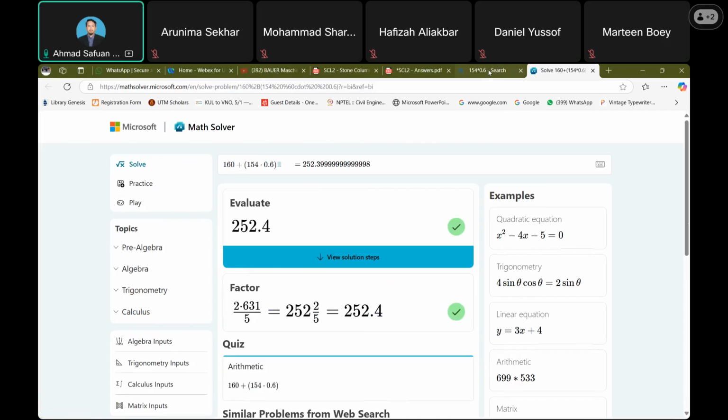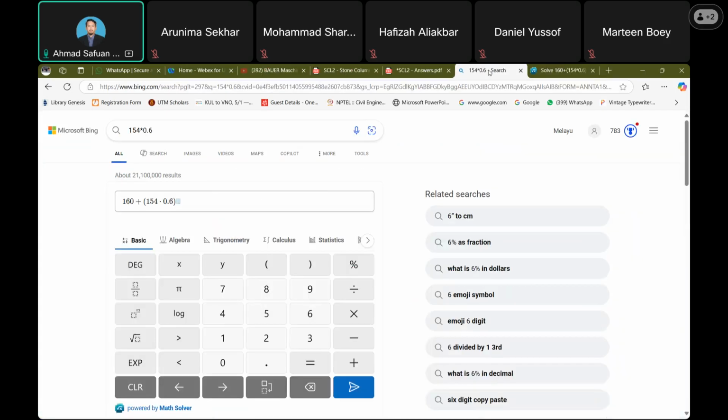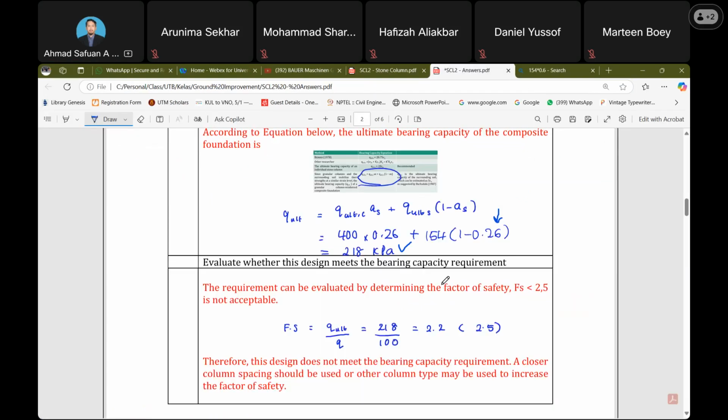So 252 means that it is 2.5. That is the way we could increase the factor of safety. 252 over 100, so at least we reach 2.52 factor of safety.